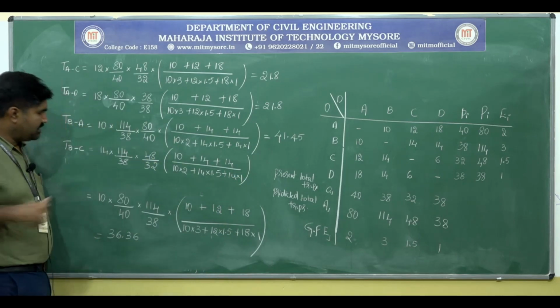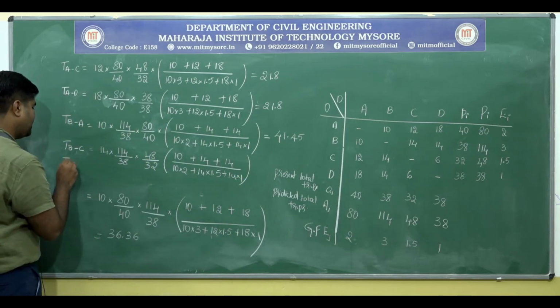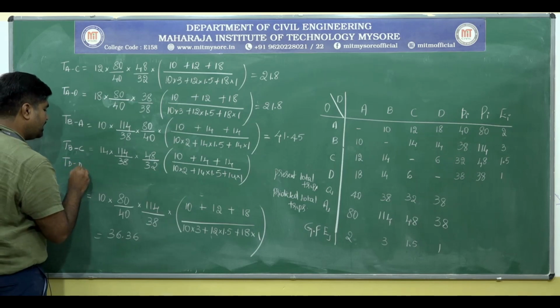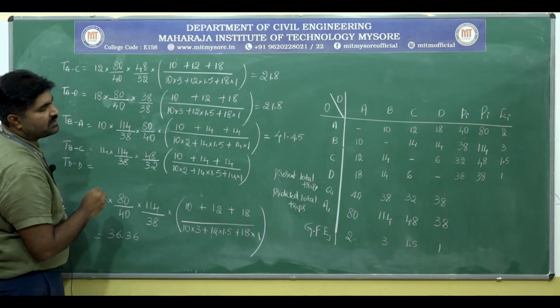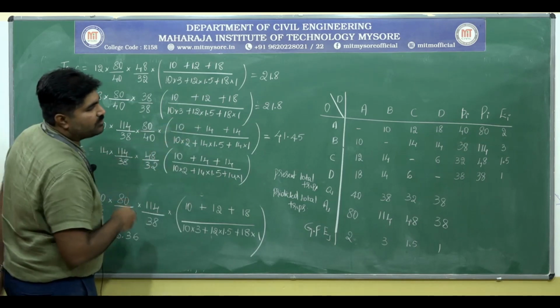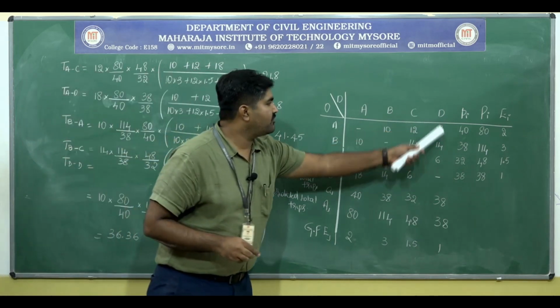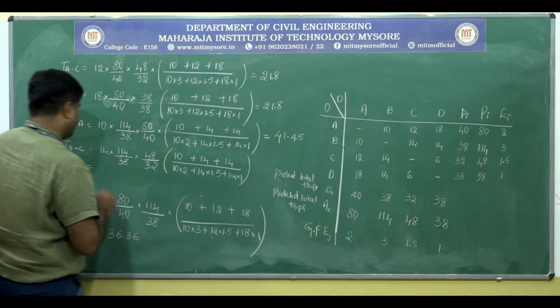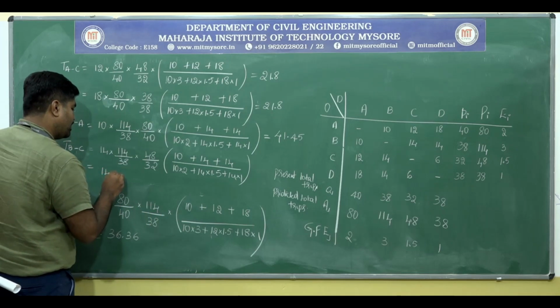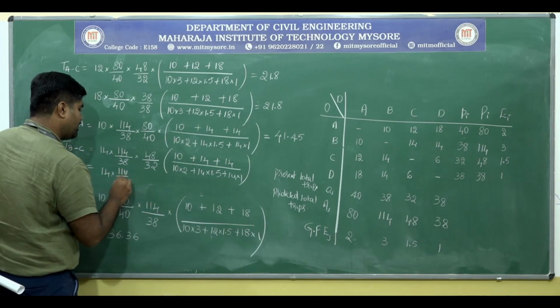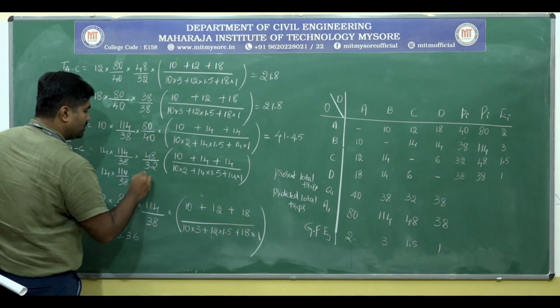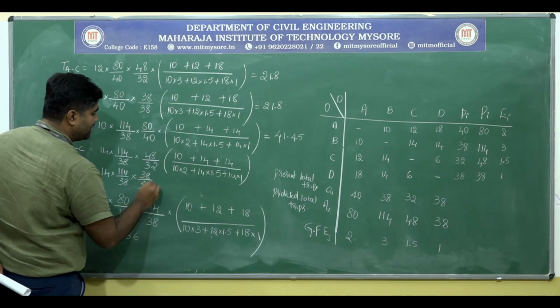Similarly for T B to D, what is the number of trips between B to D? We have 14 number of trips. 14 into 114 divided by 38 into 38 divided by 38.